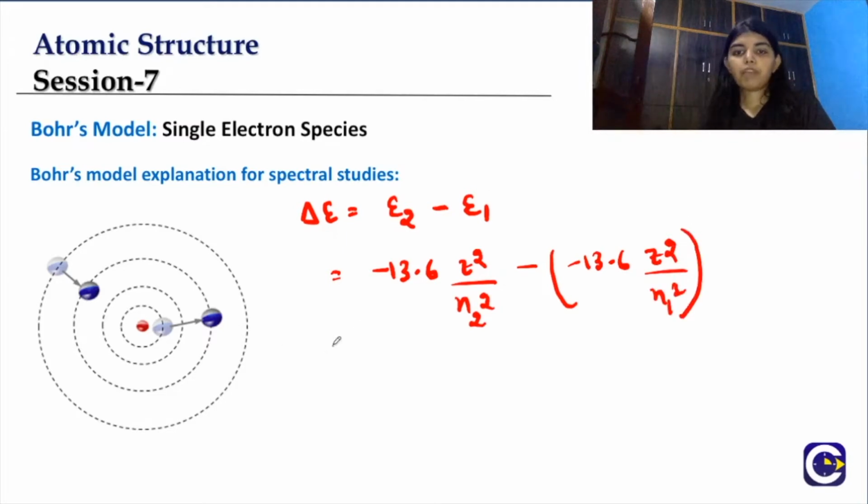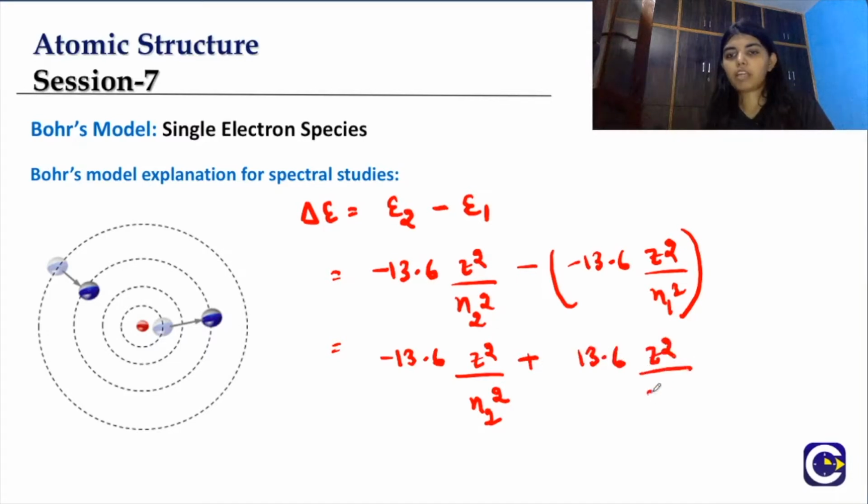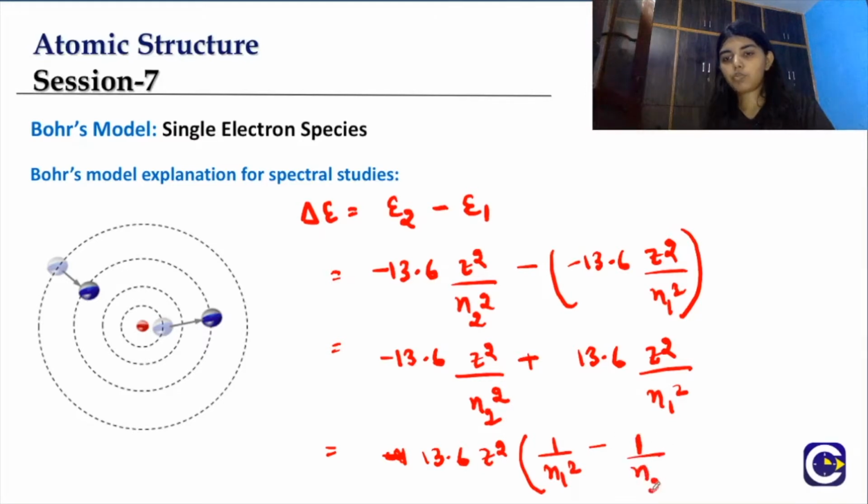Now minus and minus will become plus 13.6 Z square upon N1 square. If we take 13.6 Z square as common, we are left with 1 upon N1 square minus 1 upon N2 square. So this is what is equal to delta E.